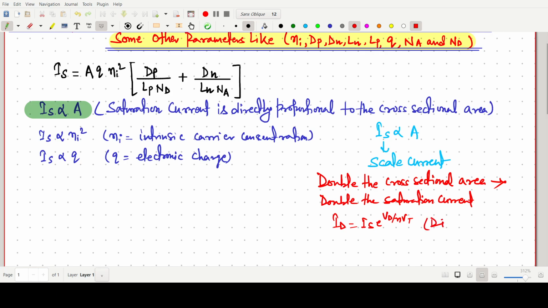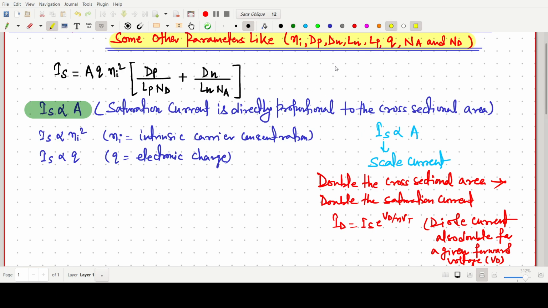for a given forward voltage, that is our VD. This is very important.